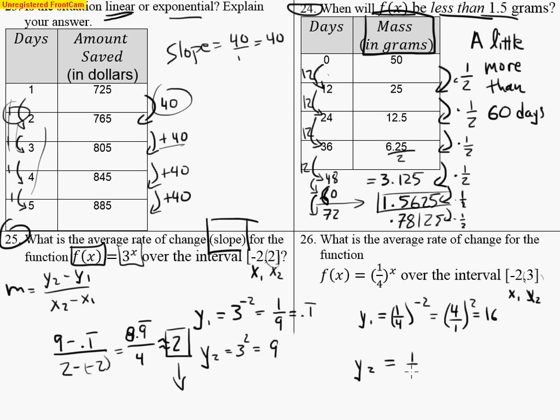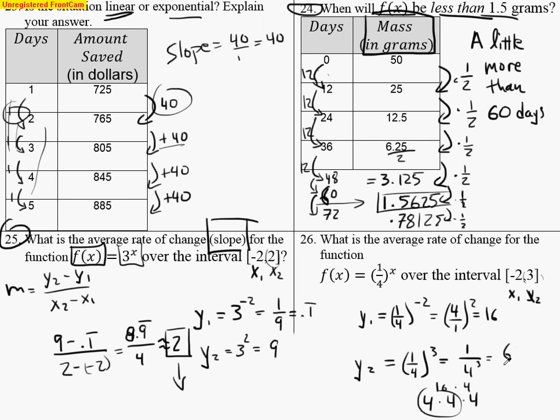So I'll have 1 over 4 to the 3. So 4 times 4 times 4, this is 16 times 4, which I think is 64.